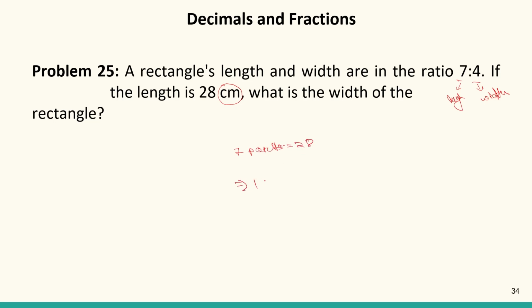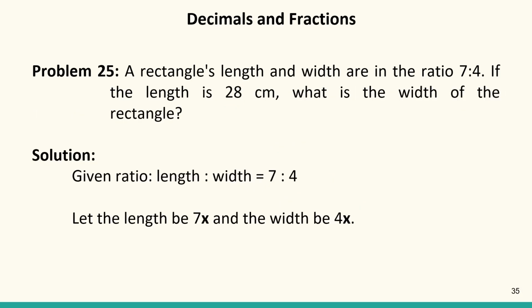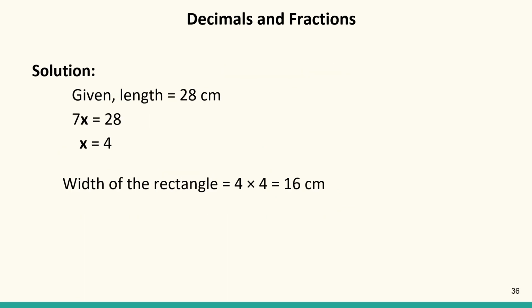So this implies that one part is equal to 4 centimeters. So this implies that 4 parts is equal to 16 centimeters. Okay, what is the width of the rectangle? So the given ratio is this. So what we get is 16 centimeters. Okay, so 16 centimeters is the final answer.